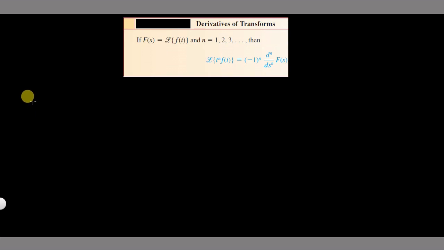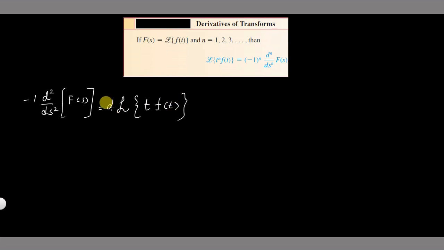Now you can check minus 1 d square over ds square F of s, which is equal to Laplace transform of t f of t, d over ds.